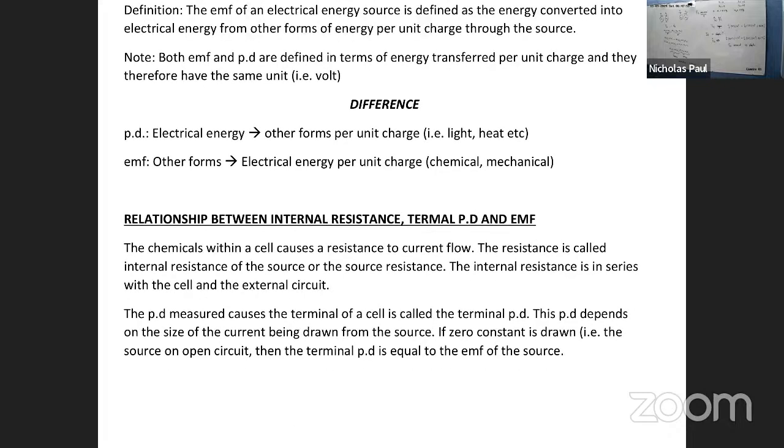We're looking for a relationship between internal resistance, terminal PD, and the EMF. So we want to understand the difference between internal resistance, terminal PD, and EMF.